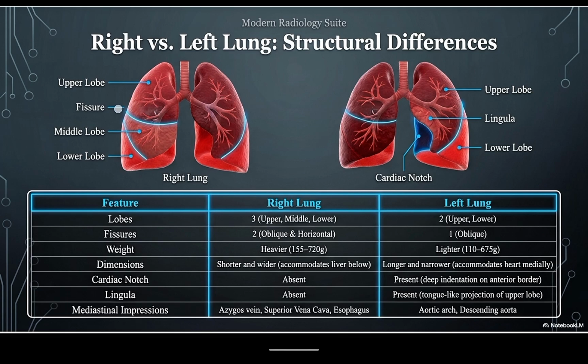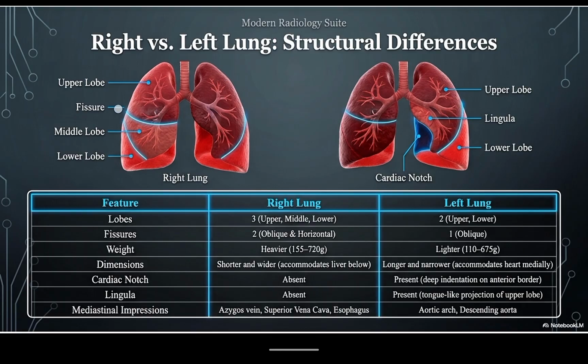Features of lungs are grooves that divide the lungs into lobes. So when you hear the word features, just think grooves. Grooves are depressions that divide the lung into lobes.